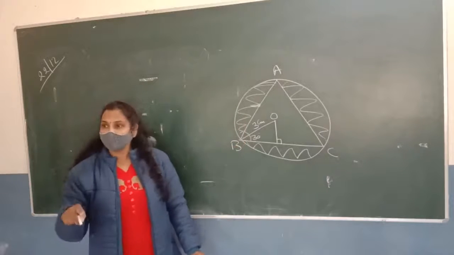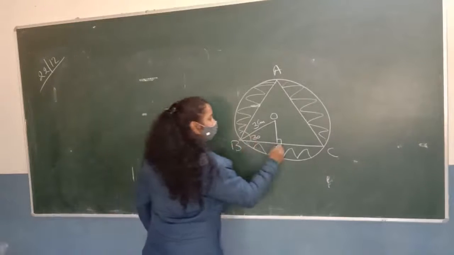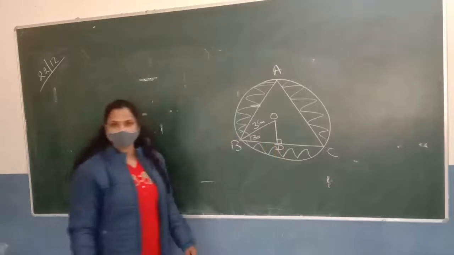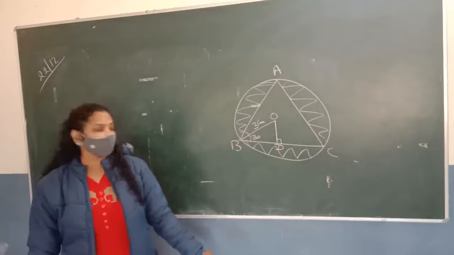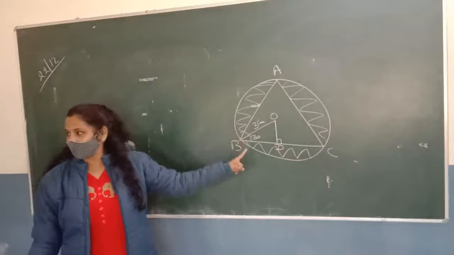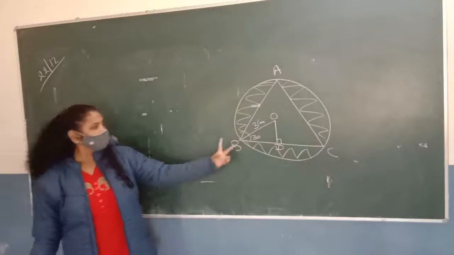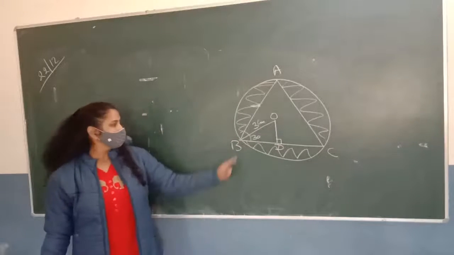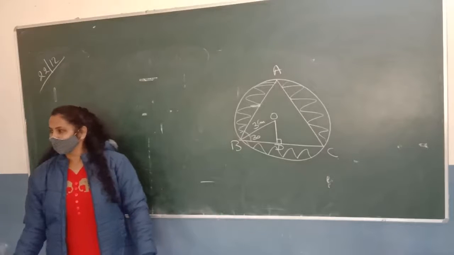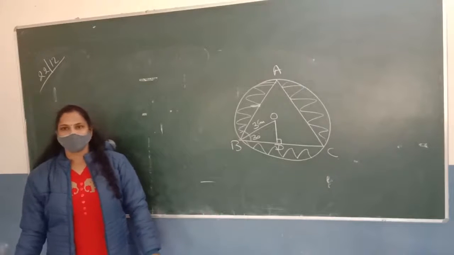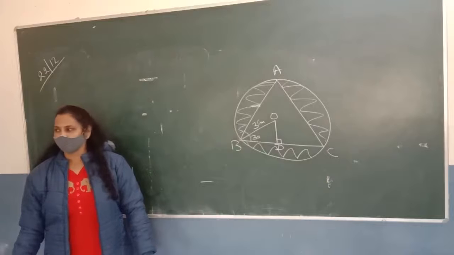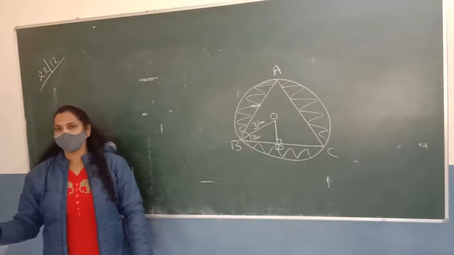By using trigonometry, how can we find the value of BD? You know the length of BO. BO is the hypotenuse. You know one angle, the 30 degree angle. Sin 30? Cos 30?